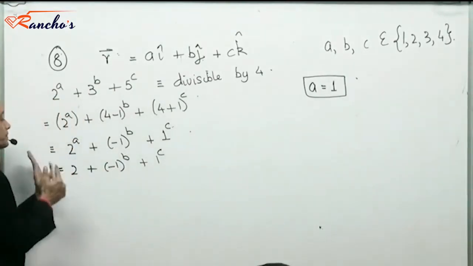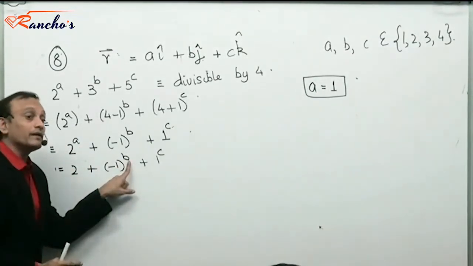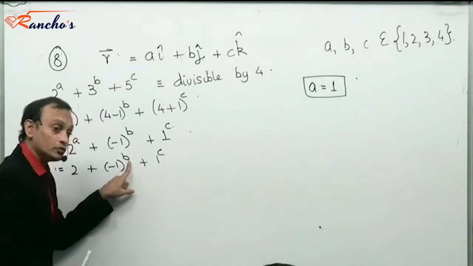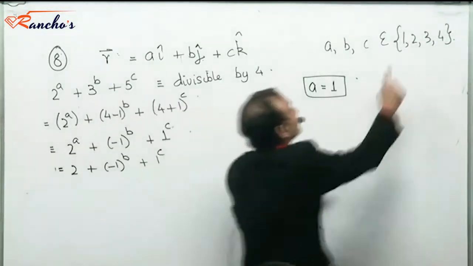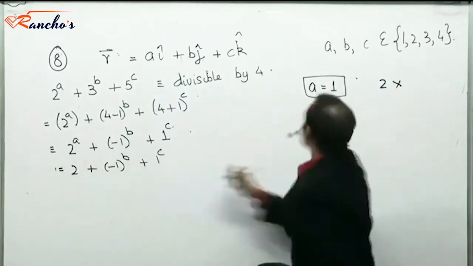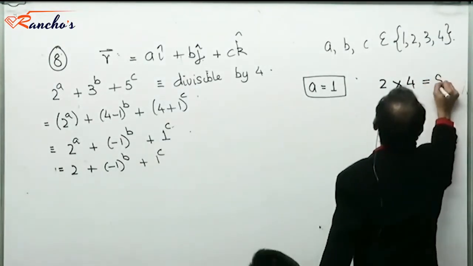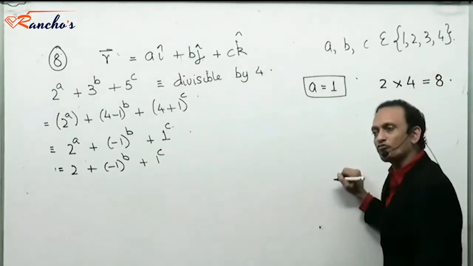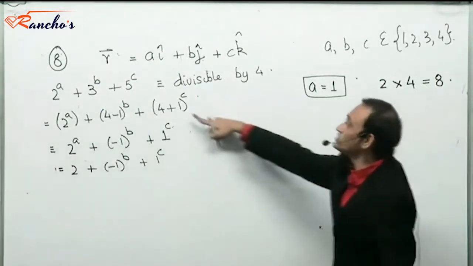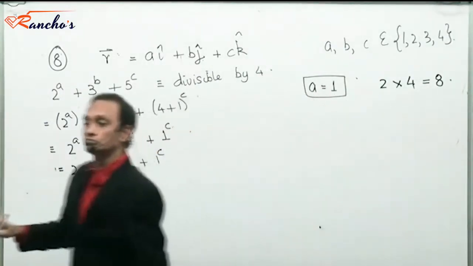So if a is 1, b can be any even number, 2 ways of selecting b. And c can be anything, selected in 4 ways. So if a is 1, there are 8 possibilities of a, b and c that will cause this number to be divisible by 4. Yes or no?